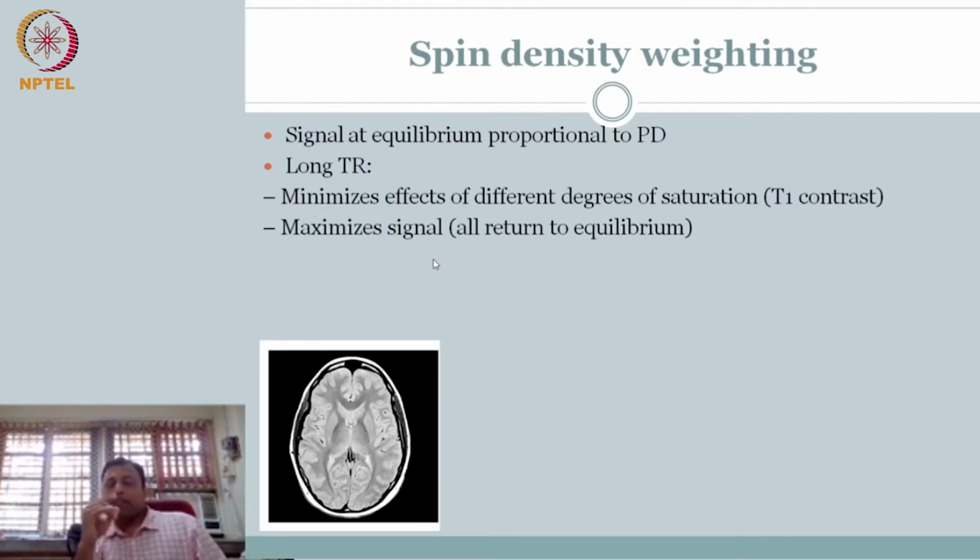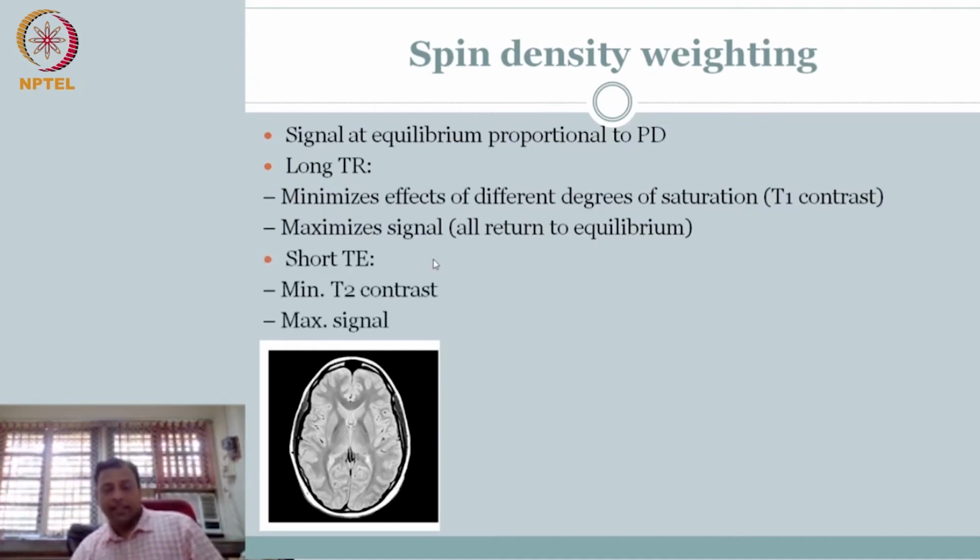So to minimize the effect of T2, the parameter that is under control is TE. I have to have minimal TE. If I have minimal TE, I would not have allowed it to dephase and therefore the effect of T2 will not come into the picture. So long TR, short TE allows you to get a signal that is predominantly weighted towards the proton density.